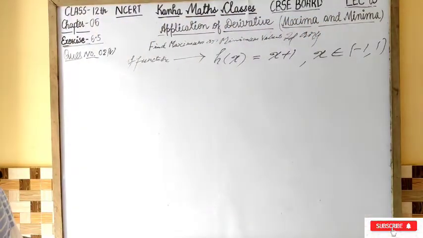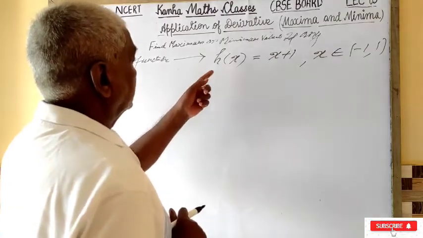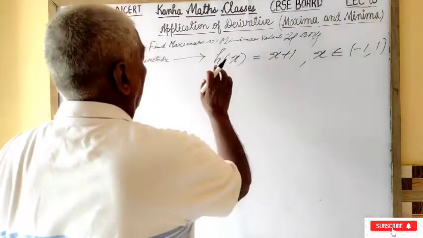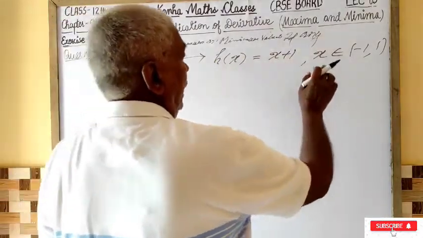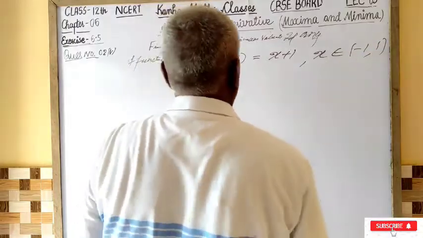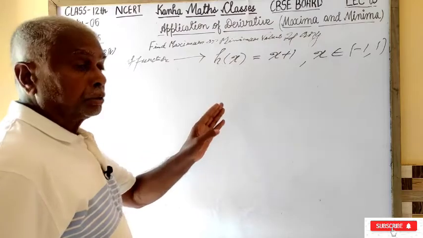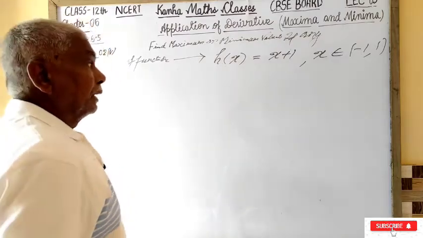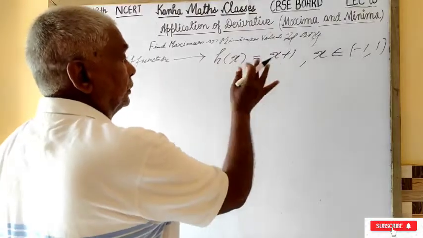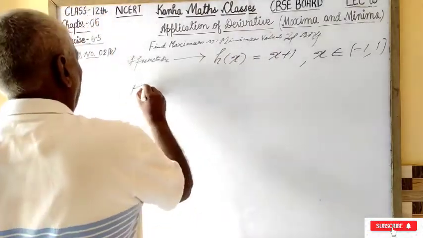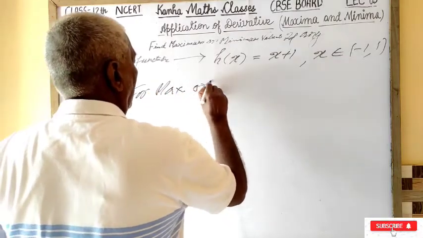Now, in this particular part of question number 2, it's given the function h(x) is equal to x plus 1 for every x an element of minus 1 to 1. Now here mod is not given, hence we will use the fundamental method of maxima and minima, that is the first derivative. First derivative should be 0 for maxima or minima.